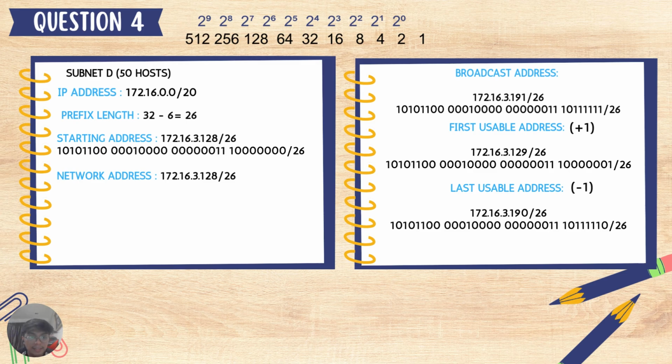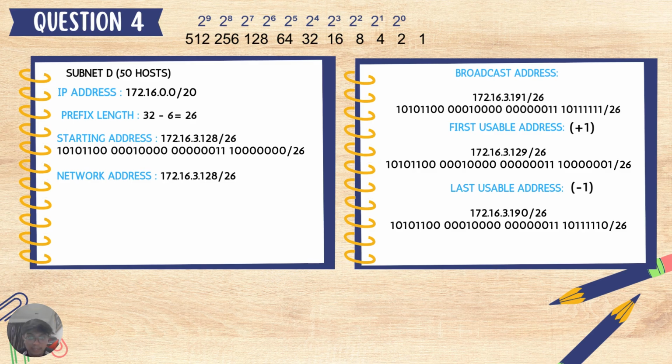Now we need to find the starting address and the network address. For the starting address, we add the chosen prefix length to 172.16.3.128, giving 172.16.3.128/26. The /26 is the prefix length that we have got. The network address is basically the same as the starting address.